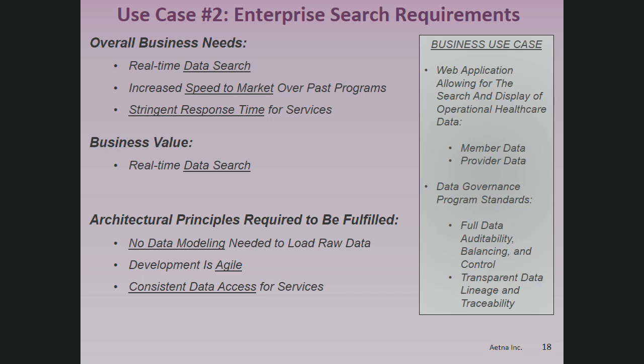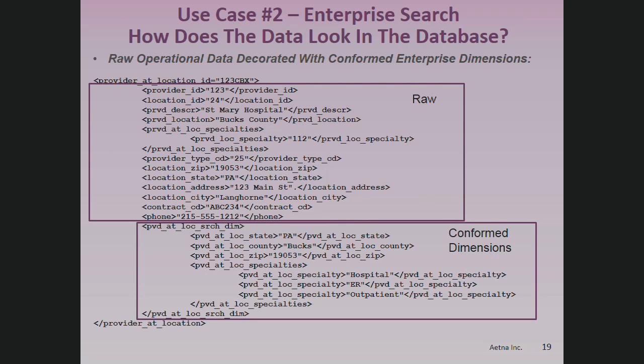So the second use case we have is enterprise search, which is searching through data in a real-time way, developing it at a very quick speed to market, getting good response time, having it be agile as we talked about before. And then we have similar governance requirements in member and provider data. So how this data looks is you have the raw data that we're bringing in.